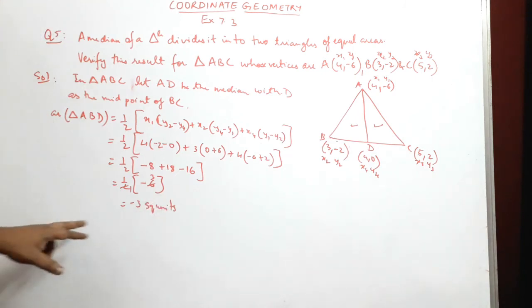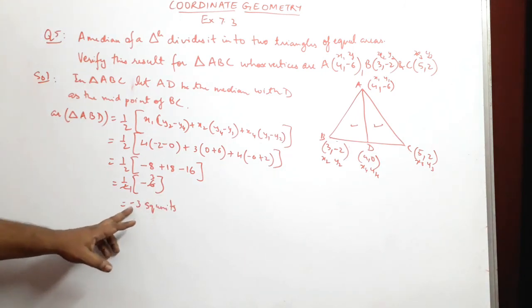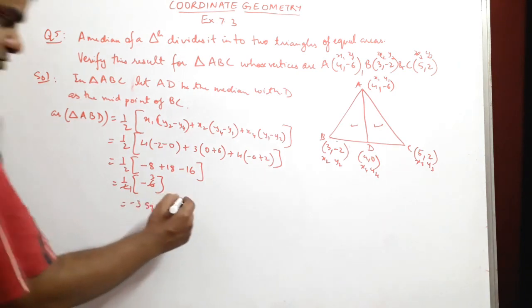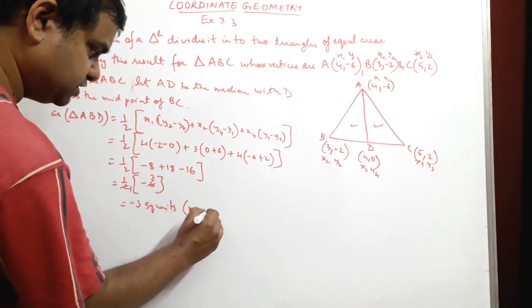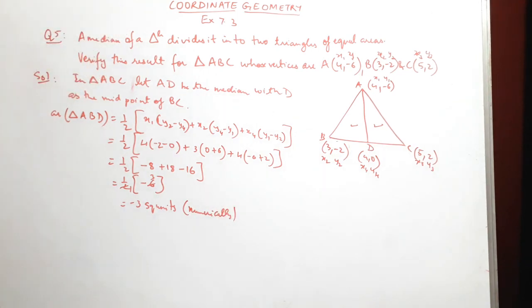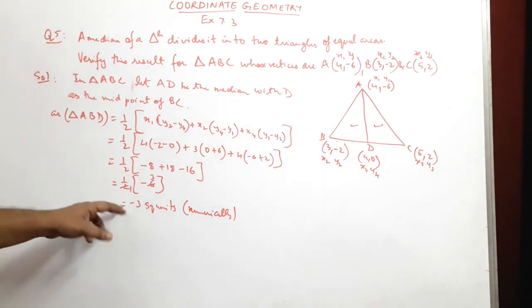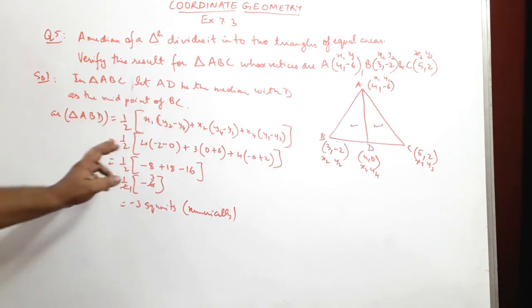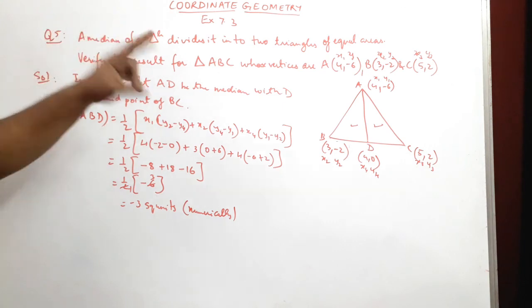Even for ACD, if we find minus 3 square units, you just ignore minus 3, and can just write here numerically, because that's the value which we take. We are not interested in what area we are getting by solving this thing, but we are interested in matching the area that we are getting of the two triangles.